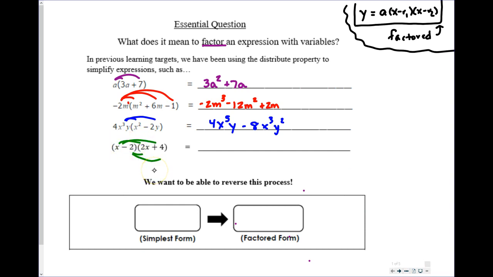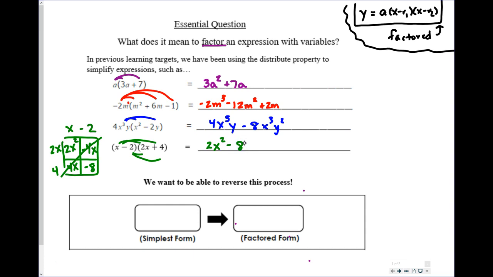I know some of you do, but a lot of us prefer this box, right? Put the x and the minus 2 here, the 2x and the 4 here, and then we multiply it out: 2x squared, negative 4x, 4x, and negative 8. When I combine like terms, I notice that those cancel out to 0, so I'm left with just the 2x squared and the minus 8 for my answer here.